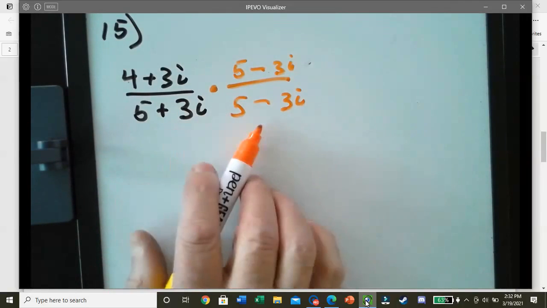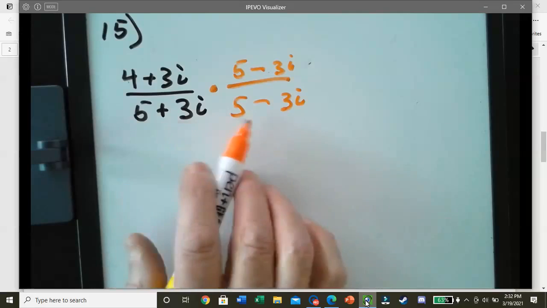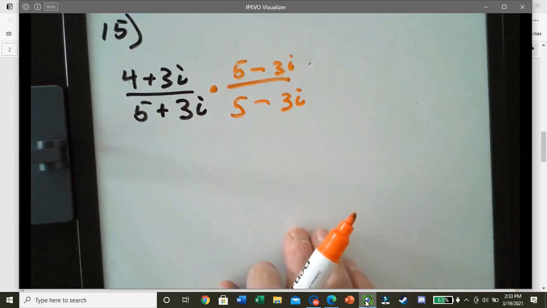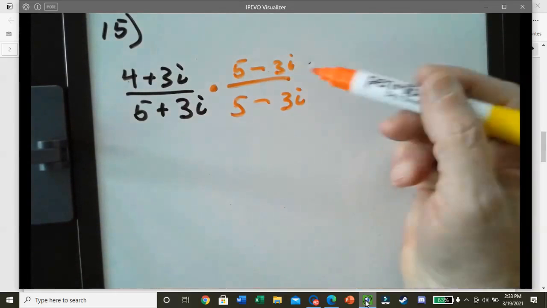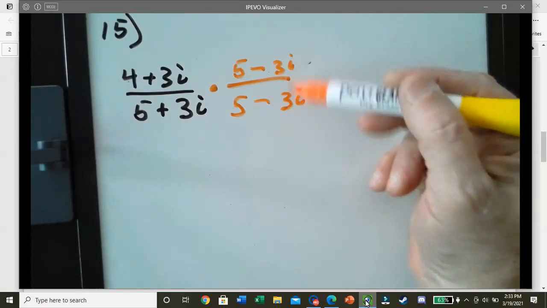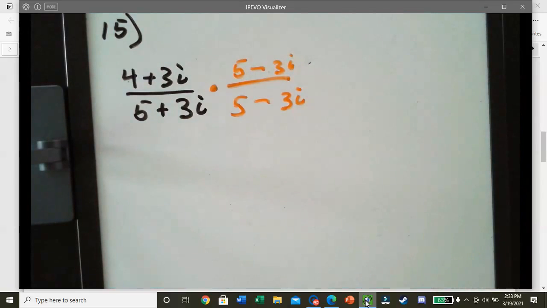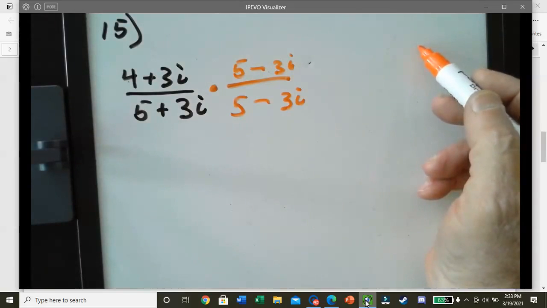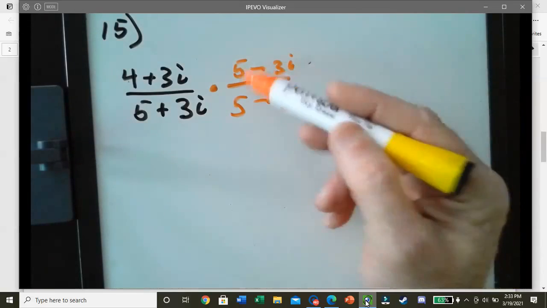So we have to multiply by the conjugate because when we FOIL these two together, you're going to see the i goes away. But you have to multiply by 5 minus 3i over 5 minus 3i, because anything over itself, except for 0 over 0, is 1.